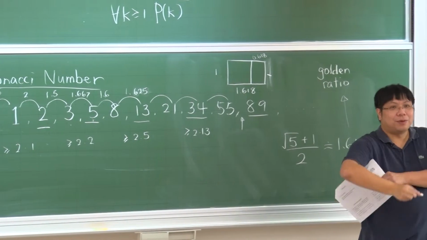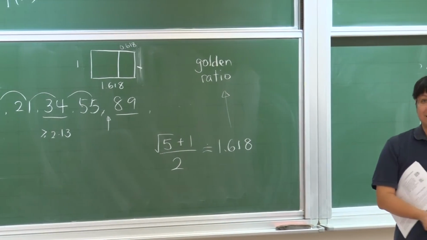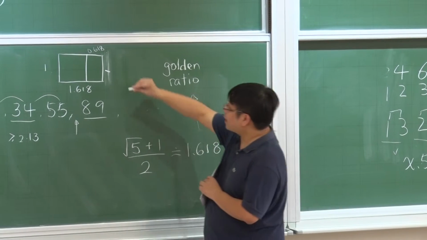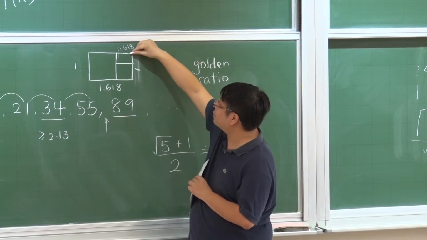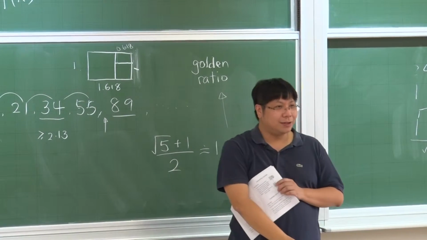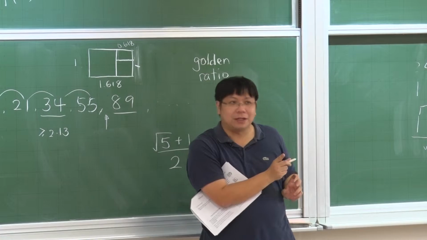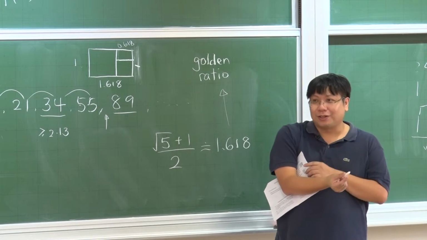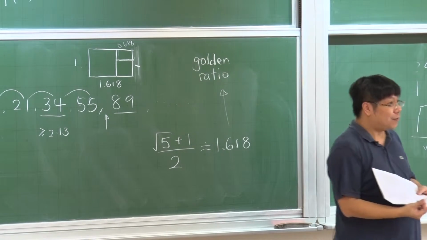And you will find that the ratio becomes the same. If you further cut a square from it, you have a new rectangle, and the short side to the long side will still have the ratio of 1 to the golden ratio. That's why people will say this is something very nice.